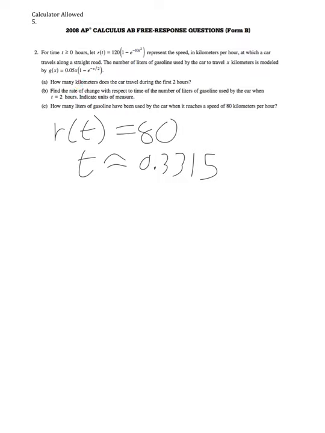And so that's what we'll do again here. So now I need to say, okay, the integral from 0 to 0.3315 of r of t, the definite integral of my speed, should give me my distance traveled. That's going to give me about 10.794 kilometers.